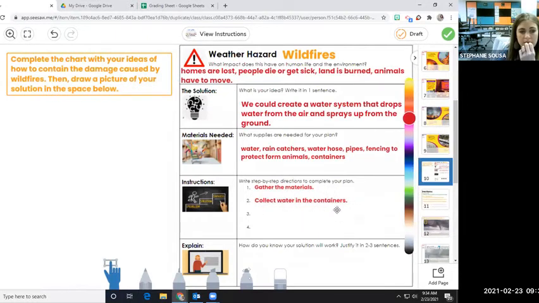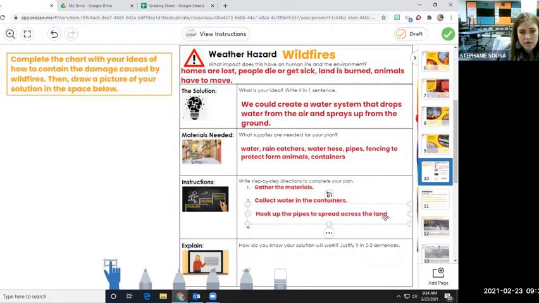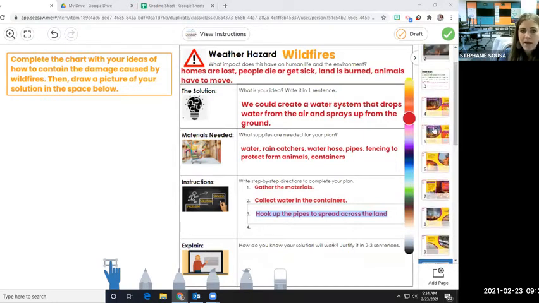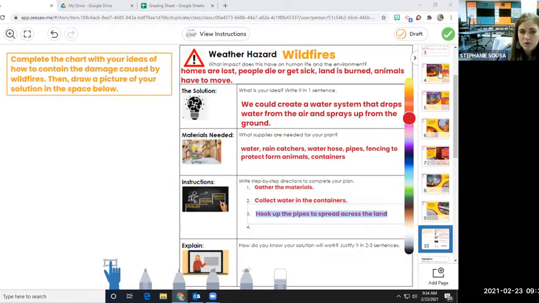Okay, once we have collected water in the containers, we've got to hook up the pipes to spread across the land. So we've got to build our network of piping so that it goes across the area where those fires are likely to occur. And again, that time I can think about that map that we saw. I'm going to change the page real quick.